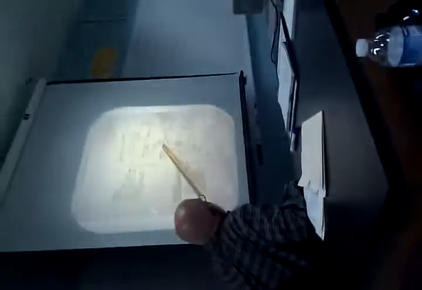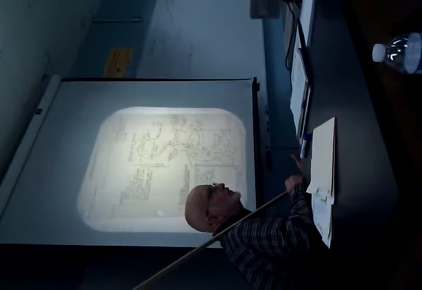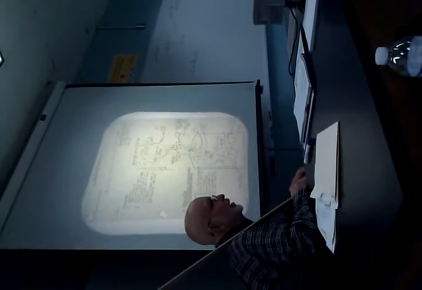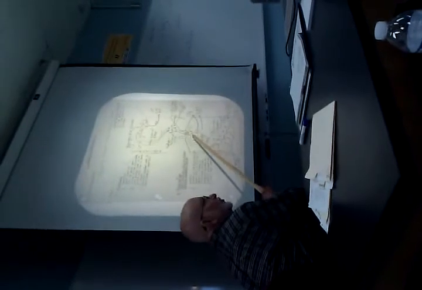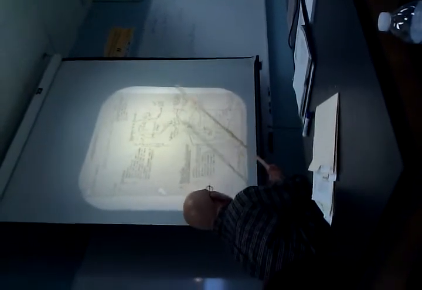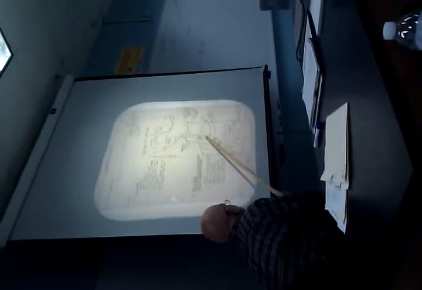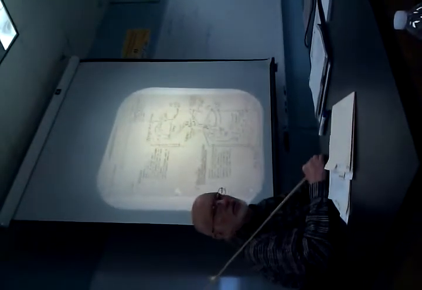The pyruvic acid is picked up by acetyl-CoA, which is converted into acetyl coenzyme A, which brings the pyruvic acid into the Krebs cycle as citric acid. This is called the citric acid cycle, the TCA cycle, or the Krebs cycle. These are the different names for it.